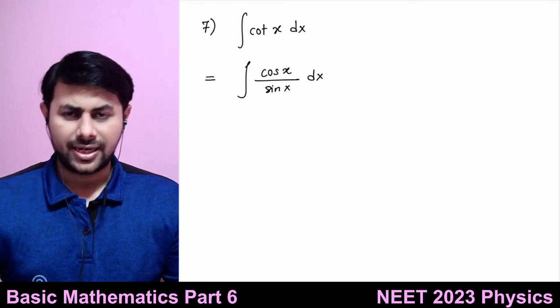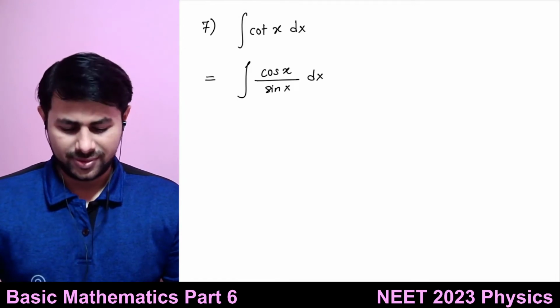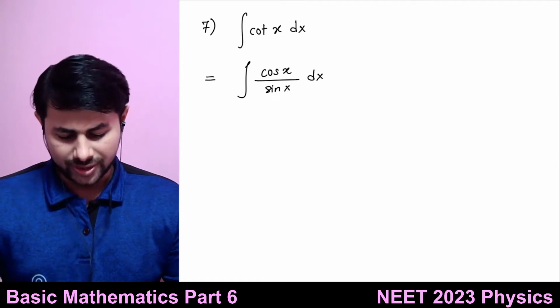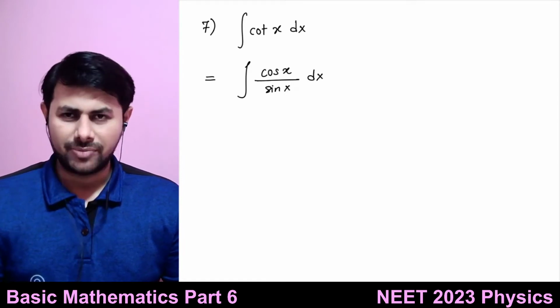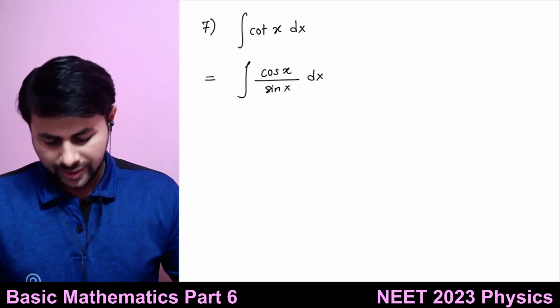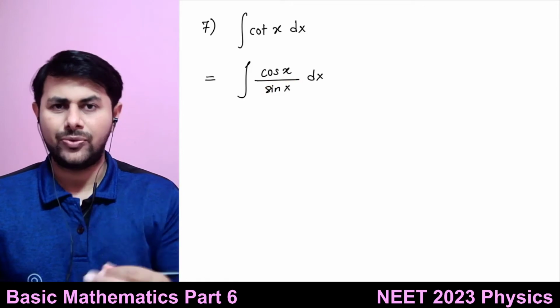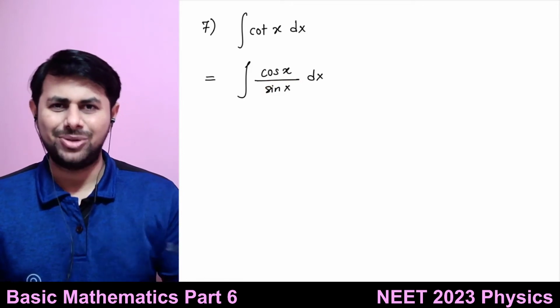I have sin x. Sin x is the derivative of cos x. Actually, minus sin x would be the derivative of cos x. But see, sin x is in denominator. Okay, and I don't want dt in the denominator. Dt should be in numerator.